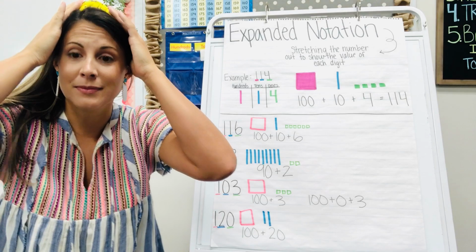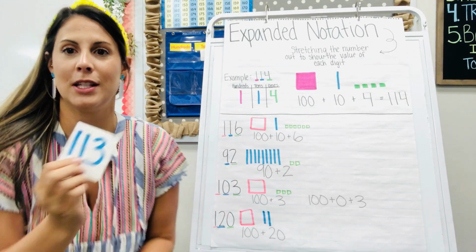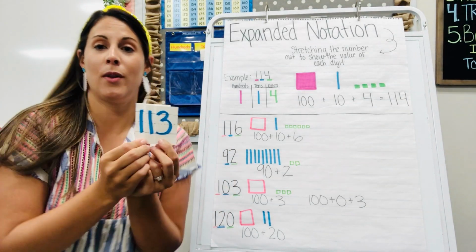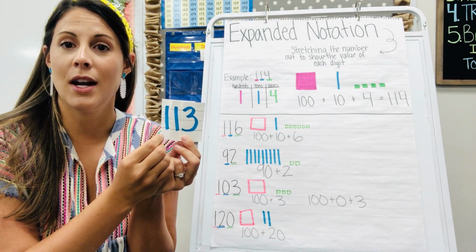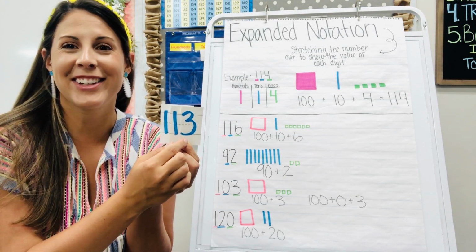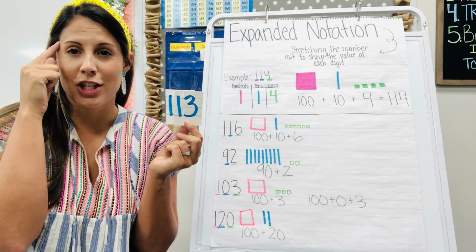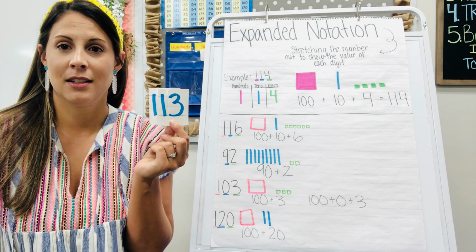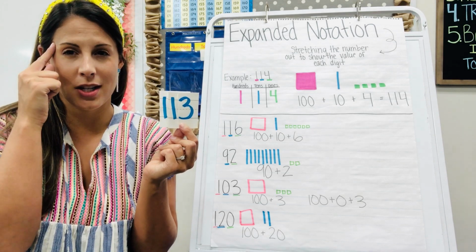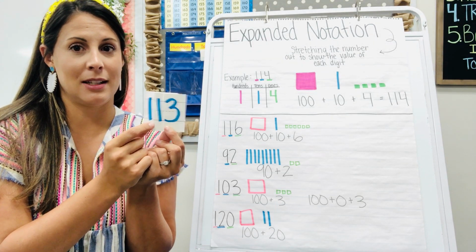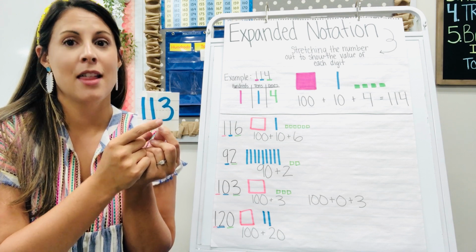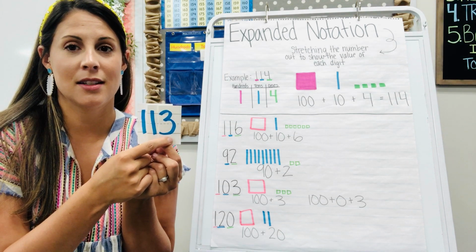Are you ready? All right, let's do this one first. So say this number out loud. 113. Good job. Think about how many digits. Think about how many hundreds. Think about how many tens. Think about how many ones.